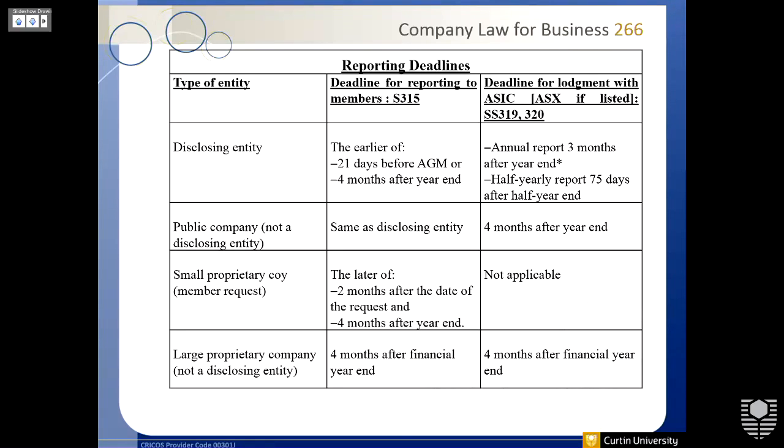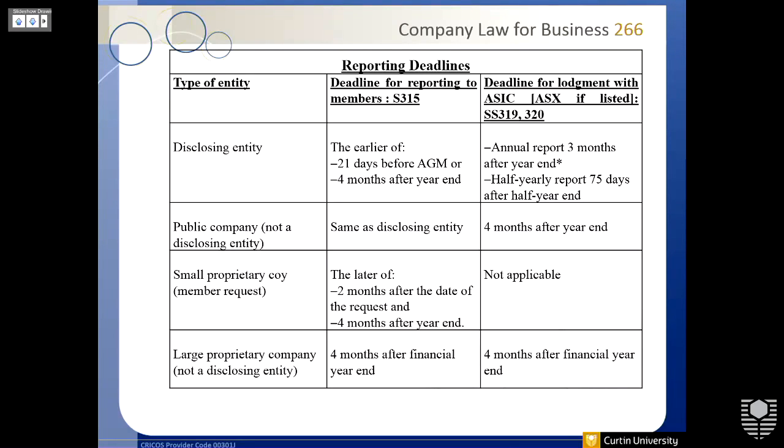And the deadline for lodgement with ASIC and ASX if listed is: annual report 3 months after year end, and half-yearly report 75 days after half-year end. If you can see there, only a disclosing entity needs to submit a half-yearly report 75 days after half-year end.